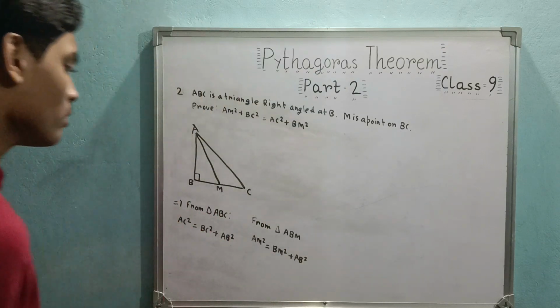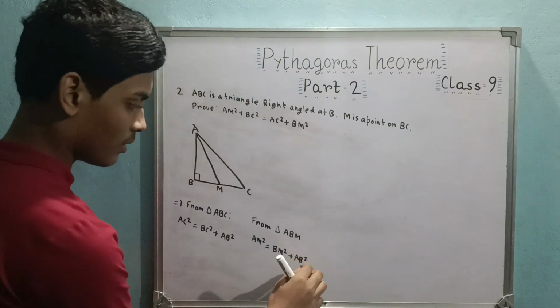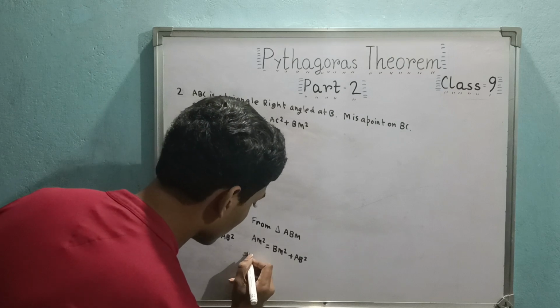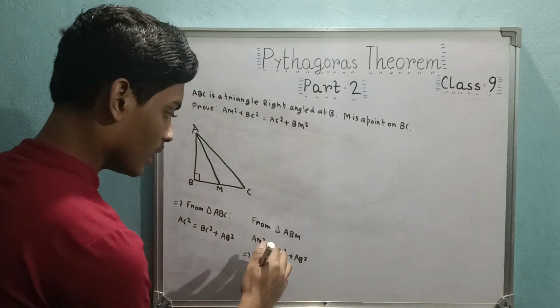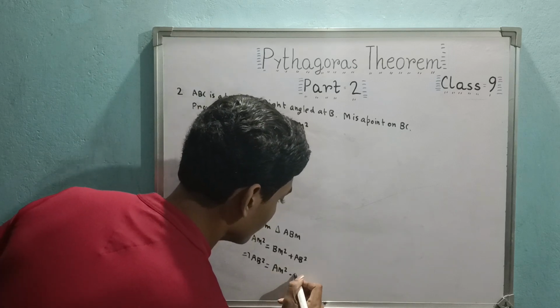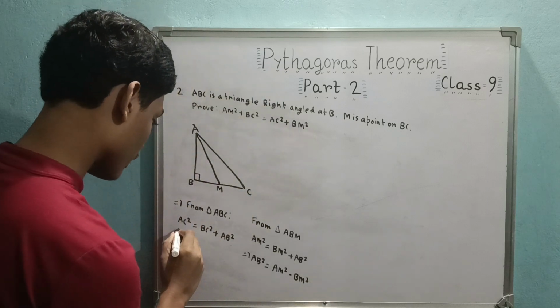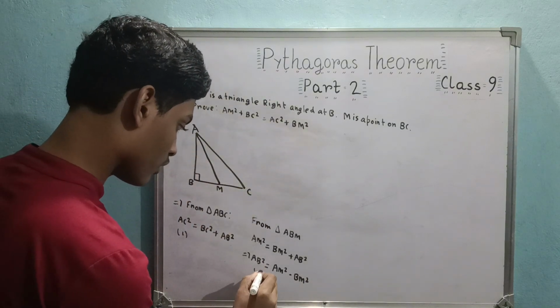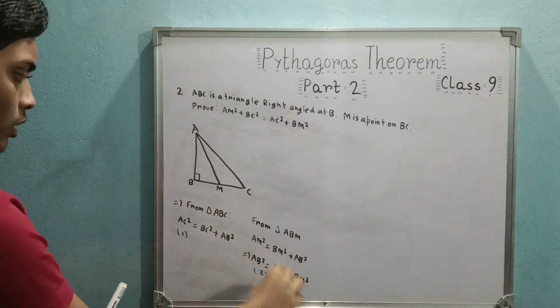Now, for my convenience, I will shift, it means AB square equal to AM square minus BM square. Suppose this is 1, this is 2. So from the two right angle triangles, we got two equations.